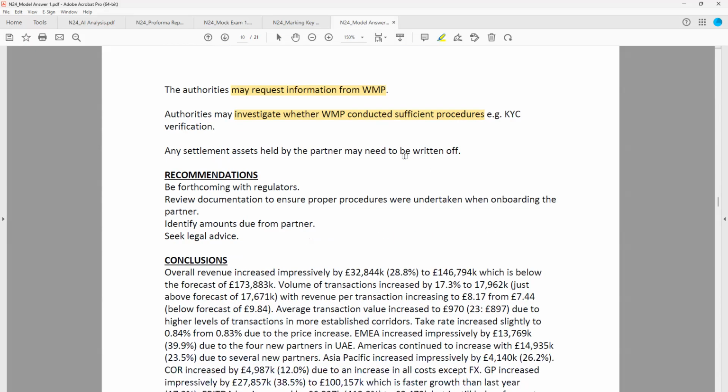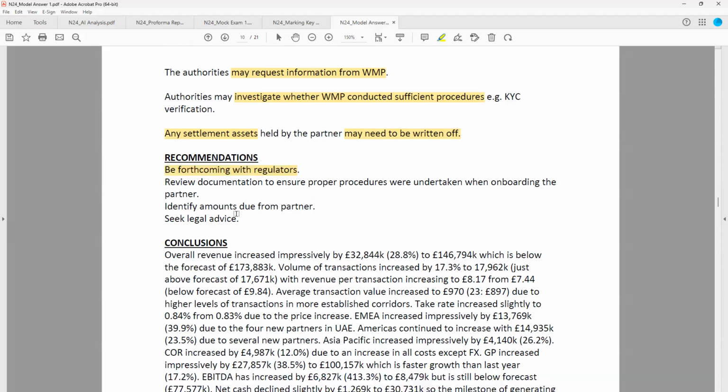And then, like we said, in terms of a financial impact, any settlement assets may need to be written off. And then we can come up with some sensible recommendations: be helpful with the regulators, identify any amounts which are due from that partner, get legal advice, and ensure that there's proper documentation to support the controls and procedures which were undertaken with this specific partner.